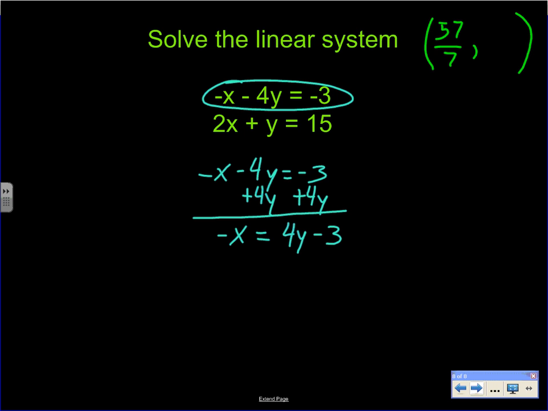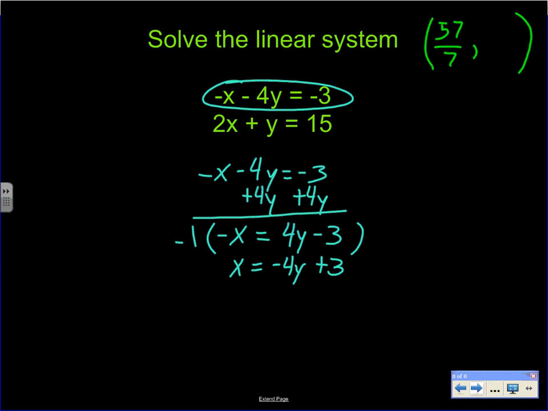The 3 is a negative. So how are we going to get x by itself if it has a negative 1 with it? Multiply everything by negative 1. So negative 1 times negative x becomes positive x. Negative 1 times positive 4y is negative 4y. And negative 1 times negative 3 is a positive 3. So now x is equal to negative 4y plus 3.